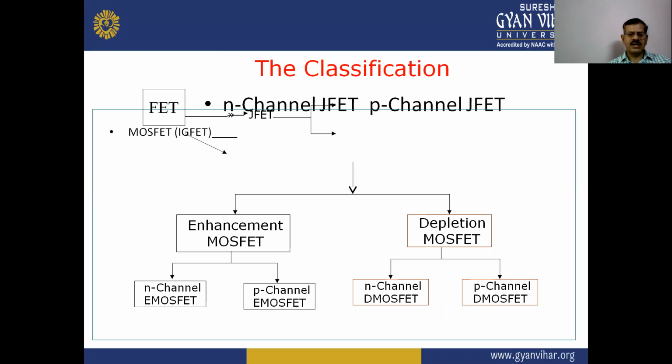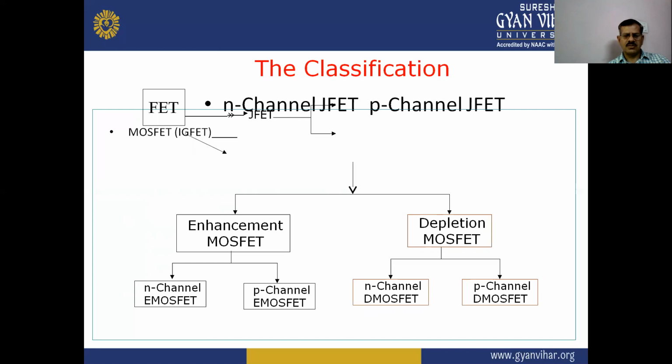So FETs are classified first into N channel FET and P channel FET, and also the MOSFET, metal oxide semiconductor field effect transistor, which is classified into two types: enhancement MOSFET and depletion MOSFET.